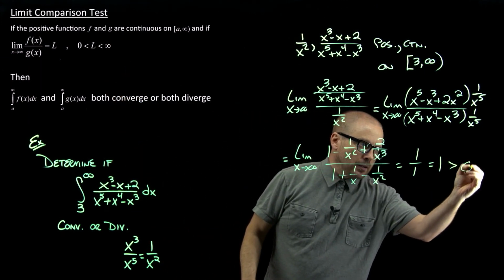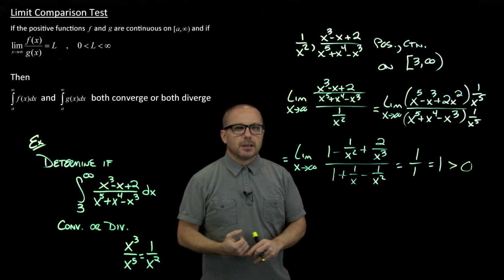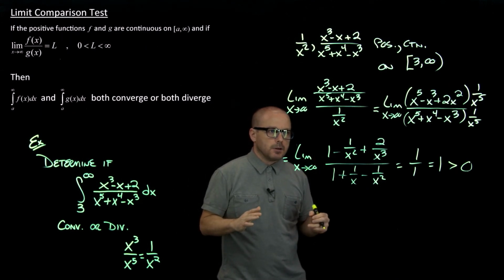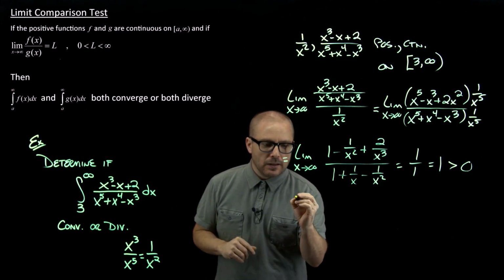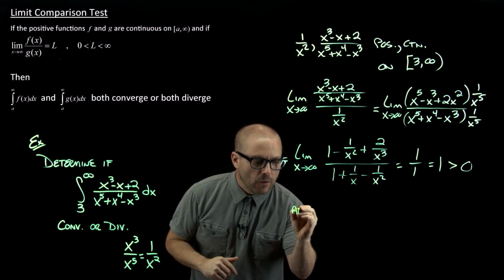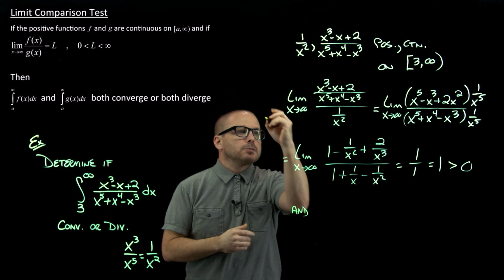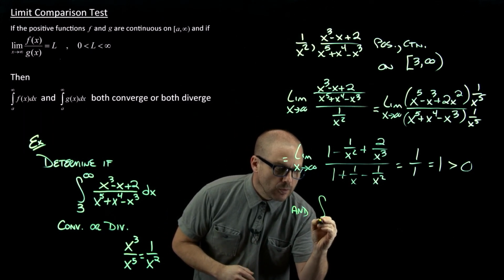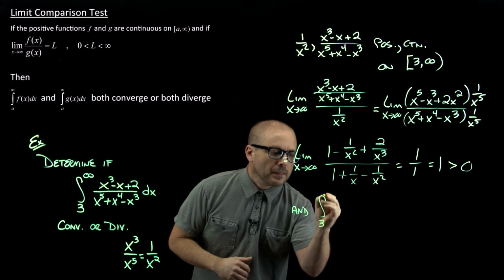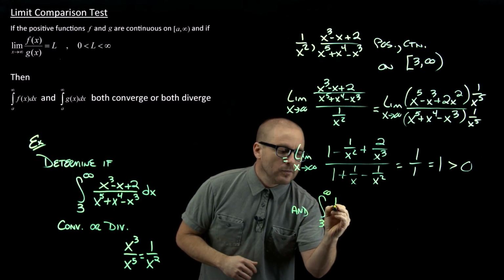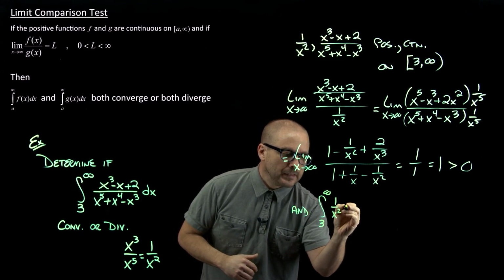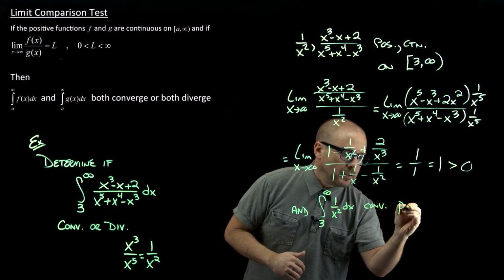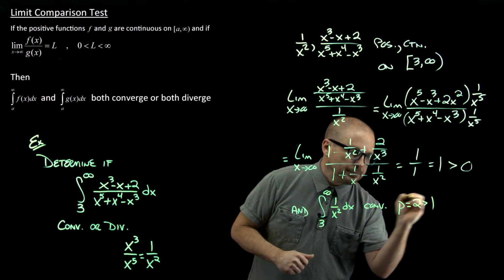So I'd like you to say that. That shows me that that's what we needed. We needed that number to come out to be bigger than 0. And we need to know, why do we know the thing that we compare with converges? Remember, we proved already that the integral from 3 to infinity of 1 over x squared dx converges because p is 2, which is bigger than 1.